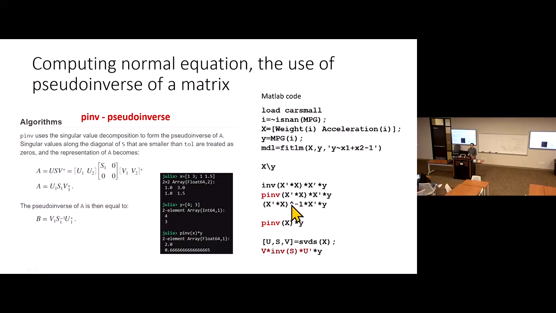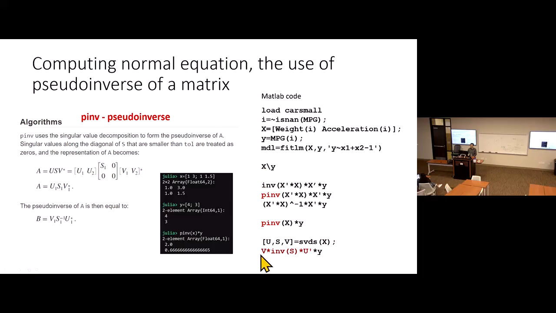You can also write this with exponential -1, which just invokes the inversion function, same expression. You can also do SVD and do this pseudo-inversion more explicitly using SVD. You can use the backslash division to y.